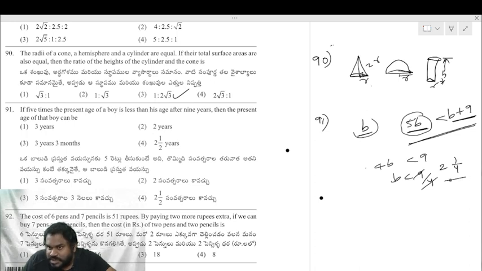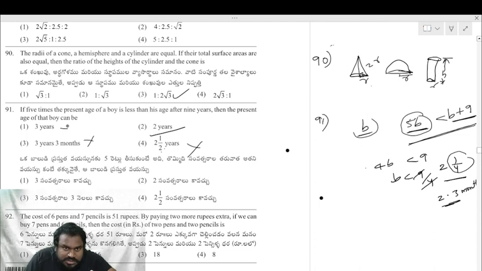So whichever option is lesser than 2 1 by 4, that is 2 years and 1/4 of a year, which is 3 months. So whichever option is lesser than 2 years and 3 months. This is 2 and a half years, but we need only 1/4, so this is not the answer.